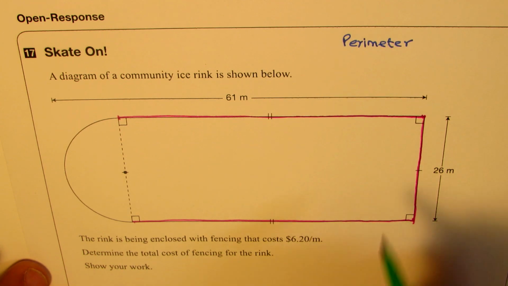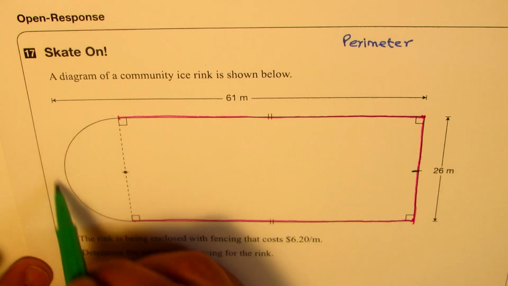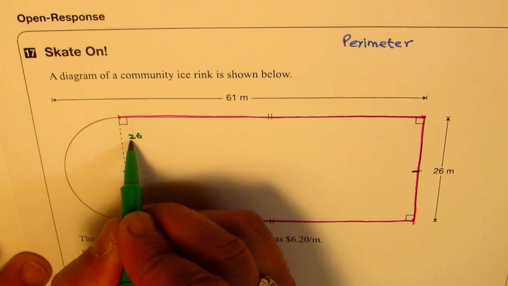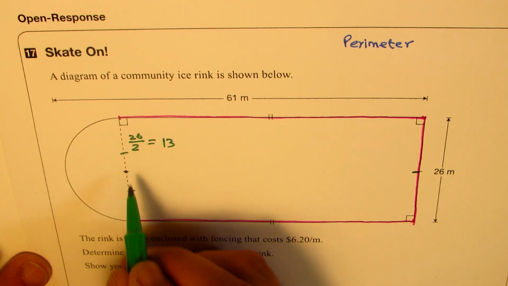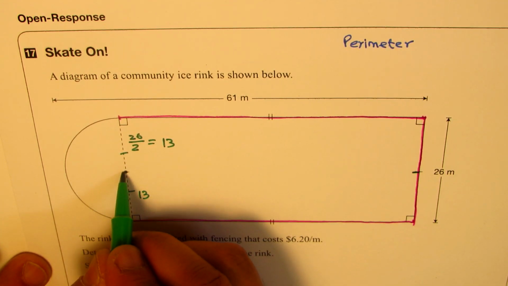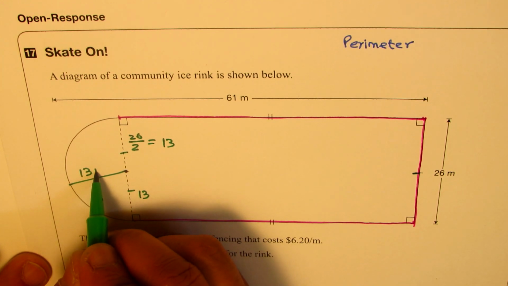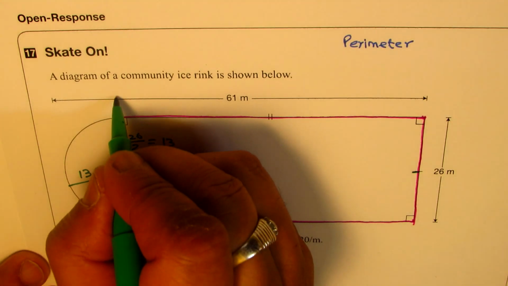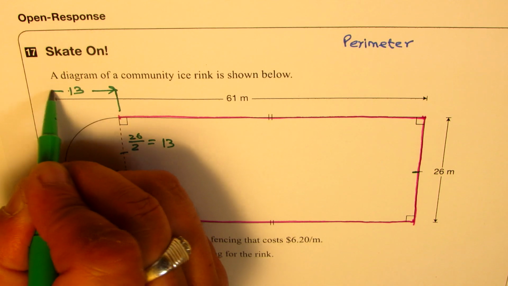Well, from this figure, it is very clear that the circle radius should be half of 26, right? So this is 26 divided by 2, or 13. So these sides are equal to 13 each. That is to say that this radius is 13 meters. Is that clear to you? Perfect. That is to say that this side is 13 meters from here to here.